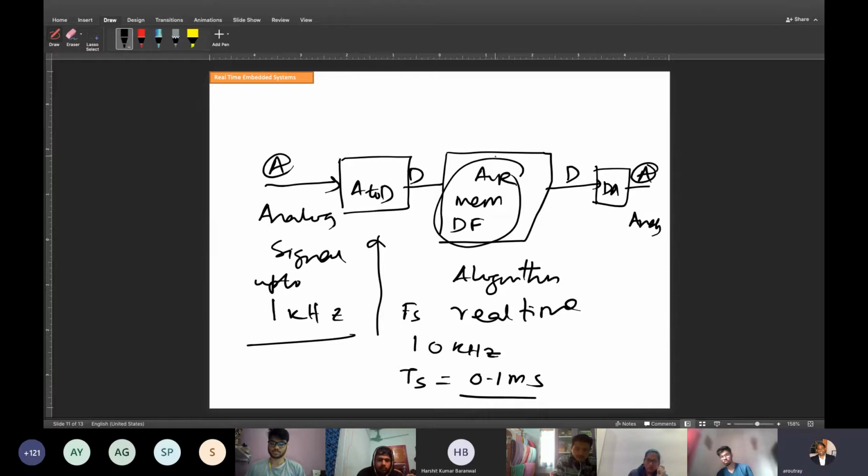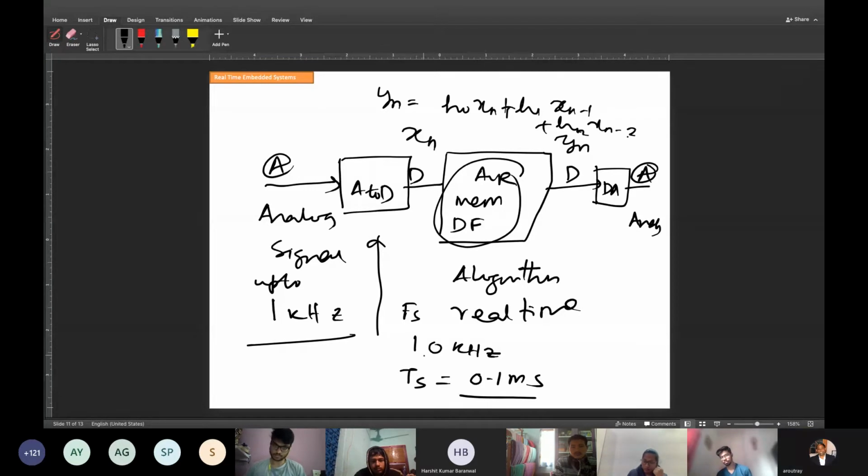The digital filter algorithm, as I said yesterday, has X of n as the digital input and Y of n as the output. The digital filter is like this: H0 xn plus H1 xn minus 1 plus H2 xn minus 2, like that. That means the output is a linear combination of present and past inputs.